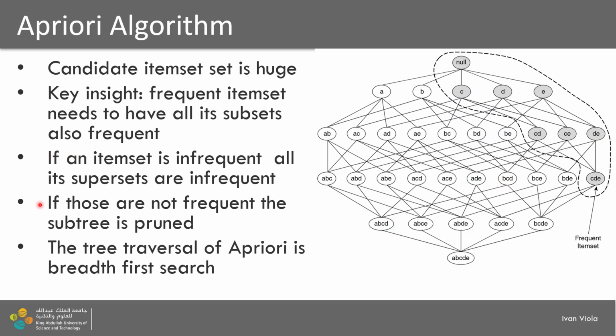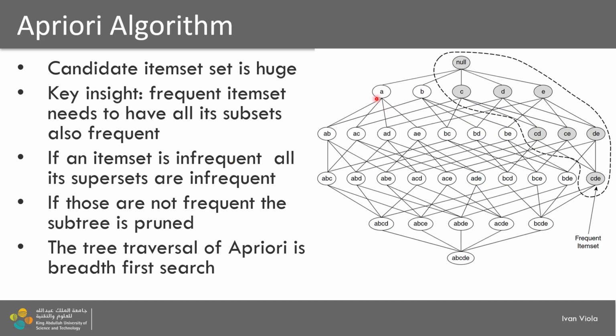equivalent formulation which says that if an item set is infrequent, then all of its supersets are infrequent. So it's the opposite in terms of the direction, but also in terms of the infrequency.